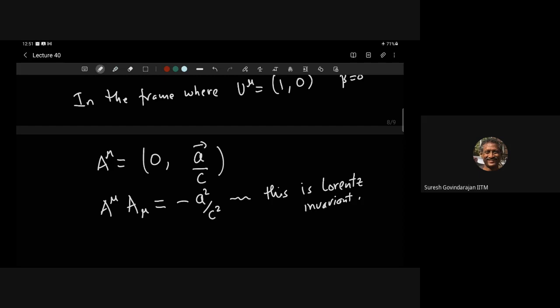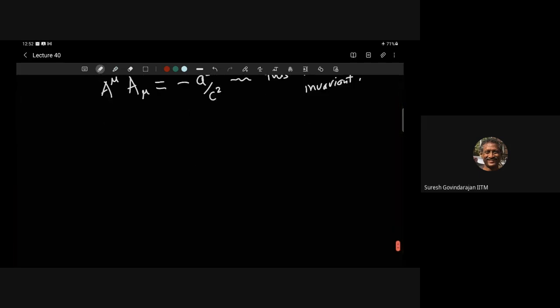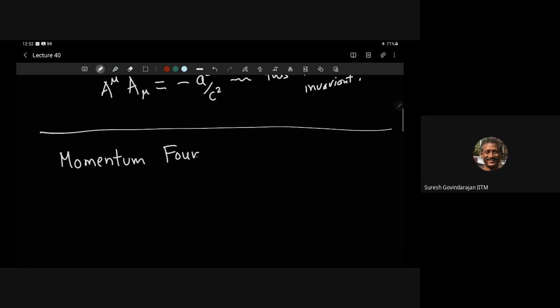Okay, so now I'll just define a few simple things. The momentum 4-vector, which will agree with whatever we had written earlier. So P mu is just defined to be m, and we need a factor of c to get the dimensions, right?